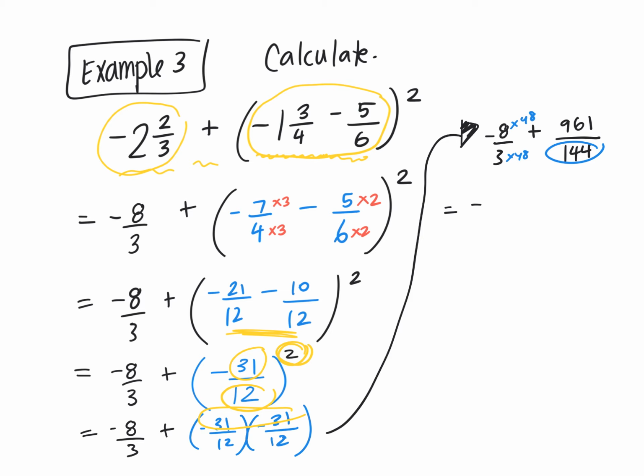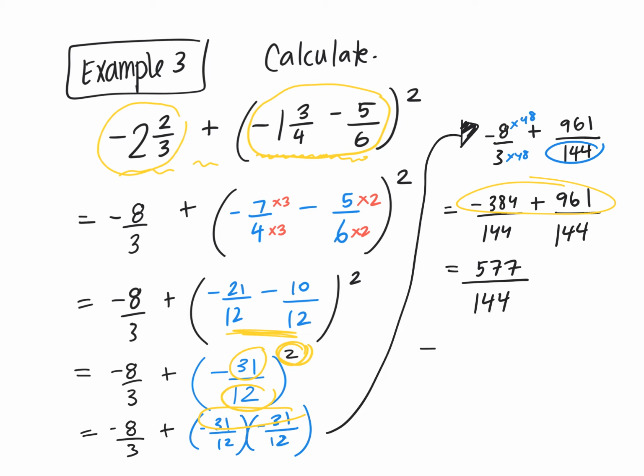What's 48 times 8? Negative 384 over 144 plus 961 over 144. So now we're just going to simplify that. What is it? Okay, so you get 577 over 144. What is that in lowest terms as a mixed number? 4 and 1 over 144 is your final answer.